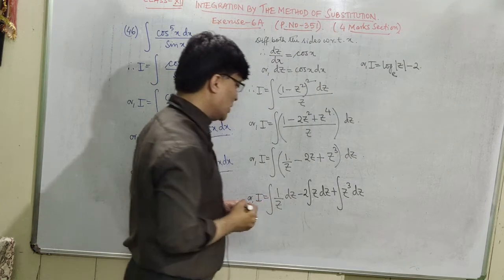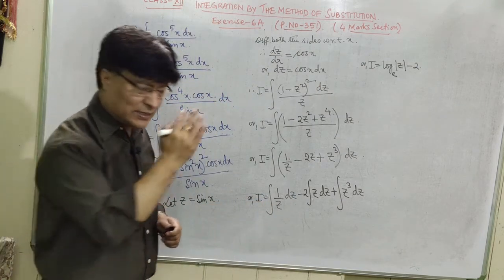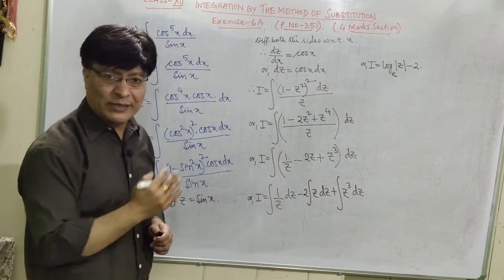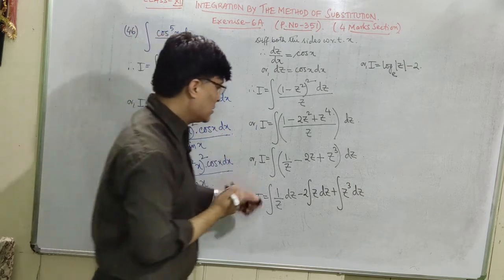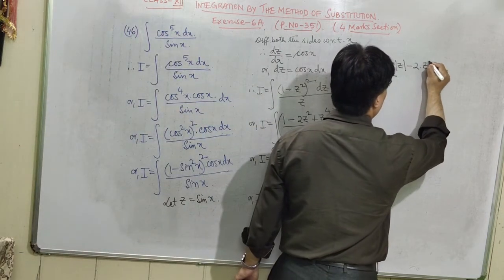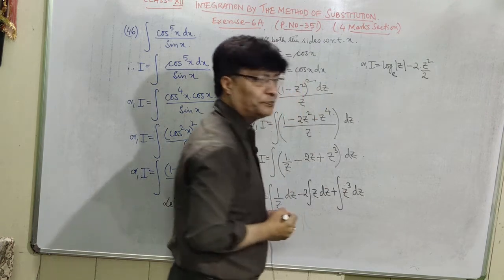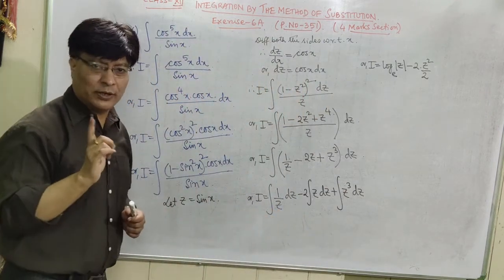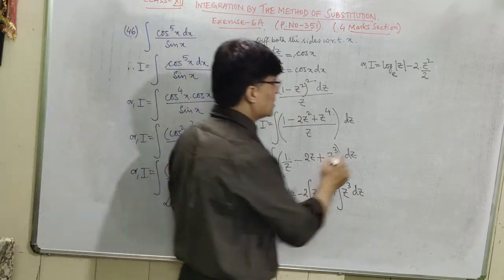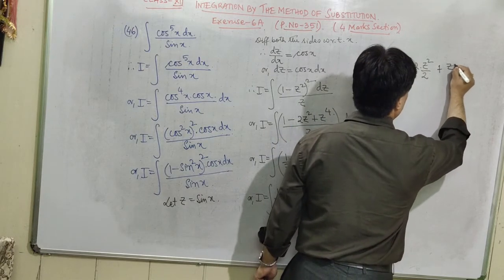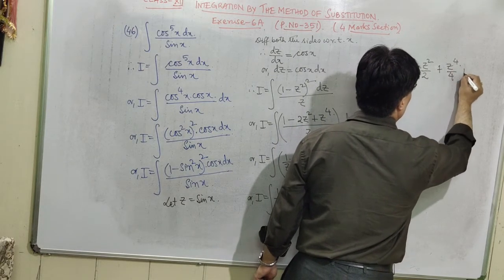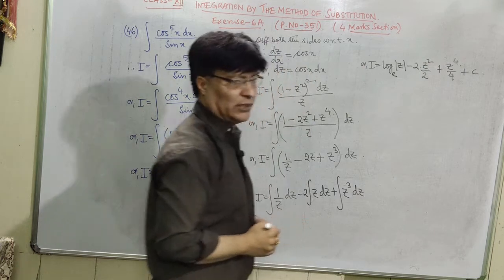Minus 2 into, what is integration of z? It is x to the power n form. It is z to the power 1. So what is this integration? It is z square by 2. I hope you have understood it. Plus, what is z cube? It is plus z to the power 4 divided by 4 plus c.